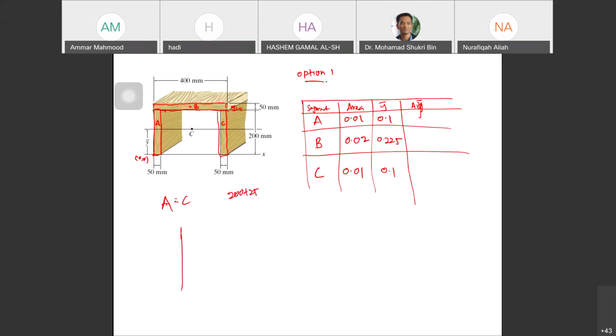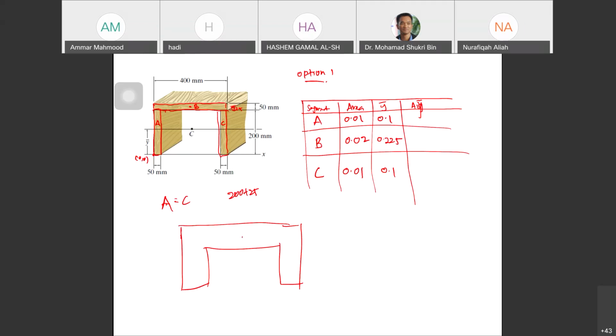If you see from the top, it's 400. From where? From the top, they get the measure 400. I only concentrate on the y bar, y.